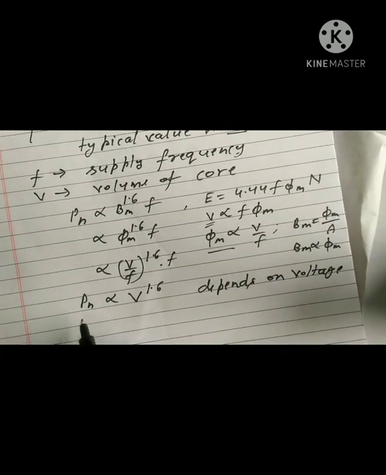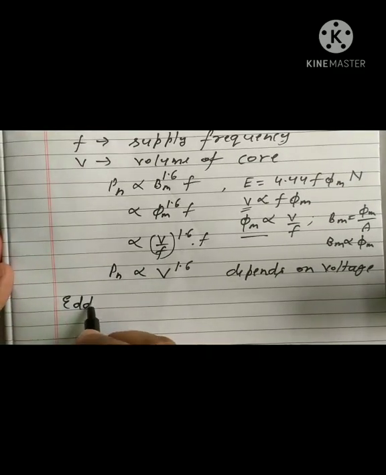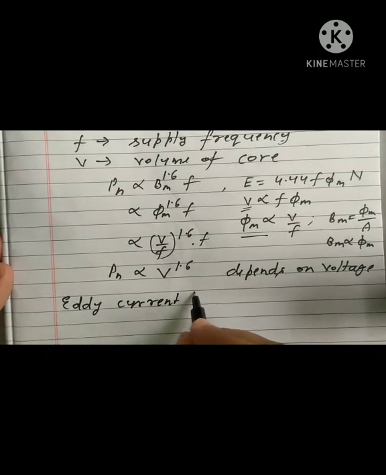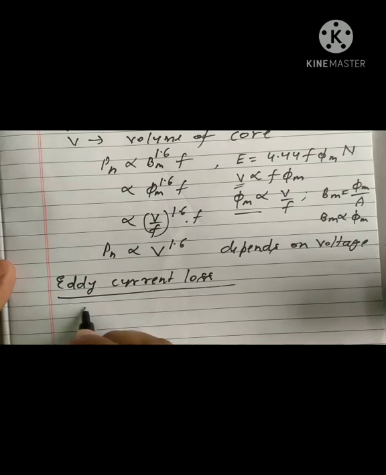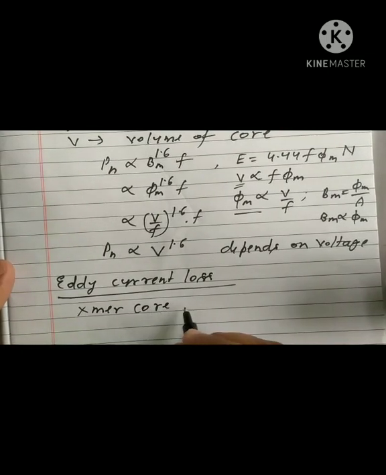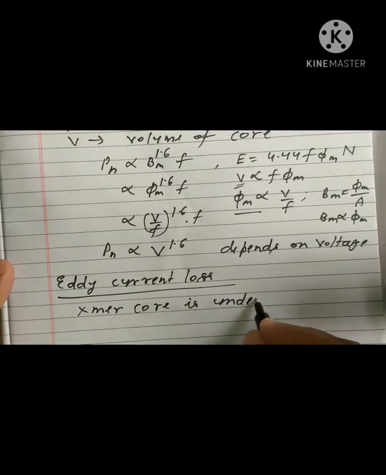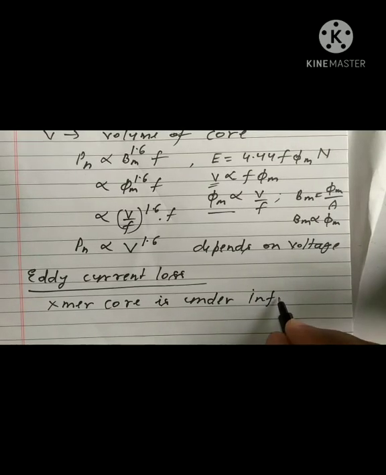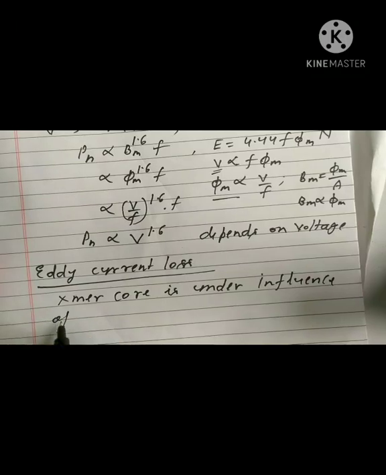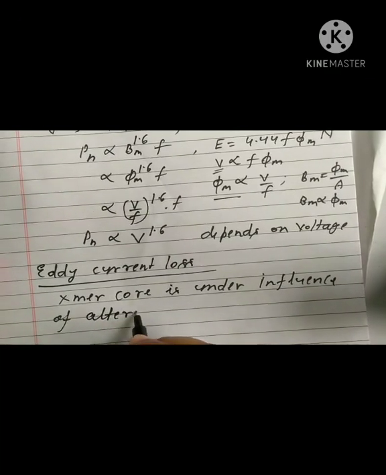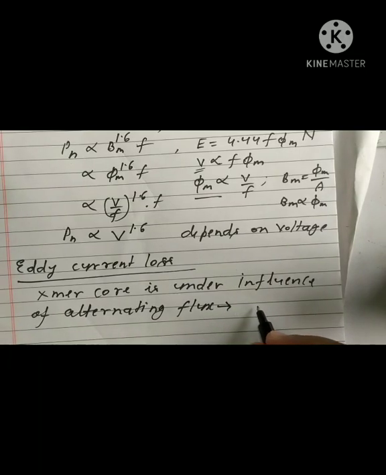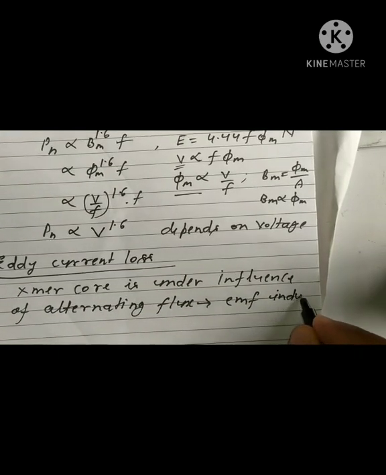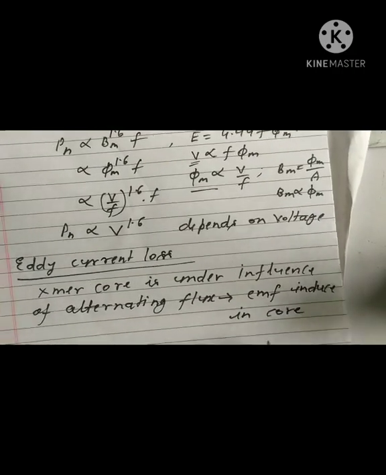Coming to the second loss, that is eddy current loss. We know the transformer core is under the influence of alternating flux. Due to this, an EMF will be induced in the core, right?